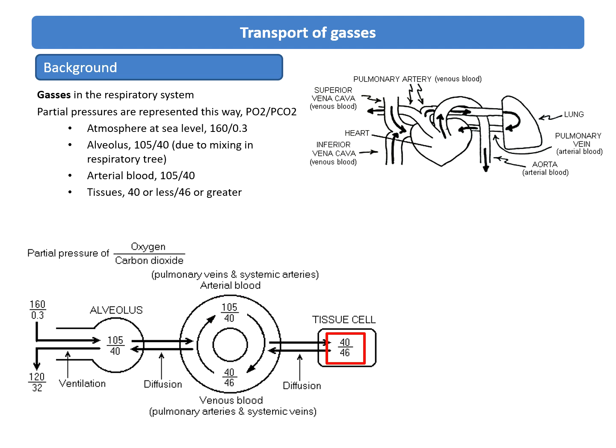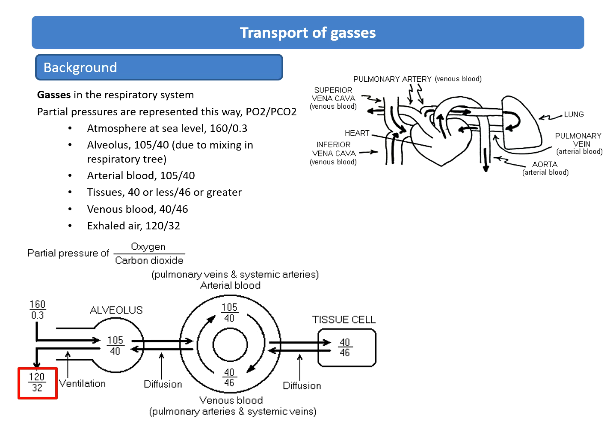The tissues have an oxygen partial pressure of 40 or less and a carbon dioxide partial pressure of 46 or more. Now, this depends on the activity of the tissue and the need for oxygen. Venous blood, therefore, has a partial pressure of 40 for oxygen and 46 for carbon dioxide.